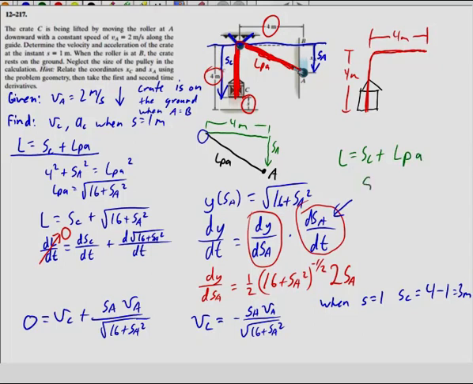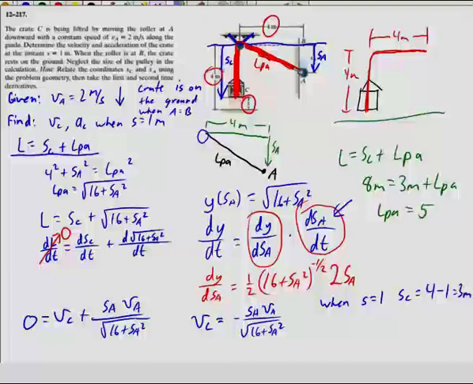We know that the total length is 8 meters, because that shows on the picture above us here. And that's going to be equal to SC, which when S is equal to 1, SC is 3 meters, plus LPA, which is the hypotenuse of our triangle there. So LPA equals 5 at this particular instant, 5 meters.